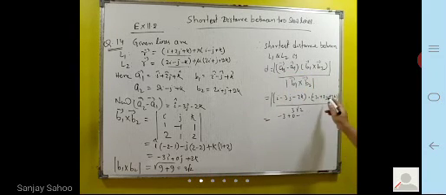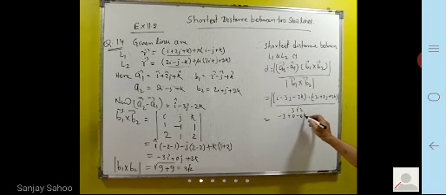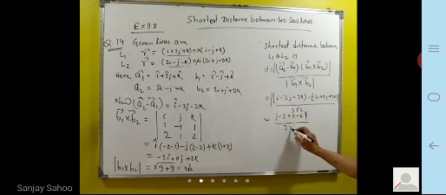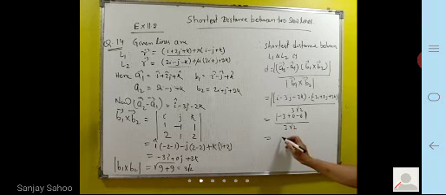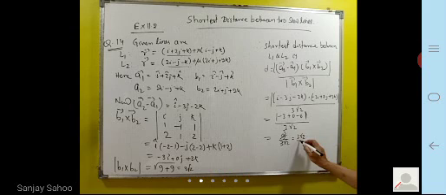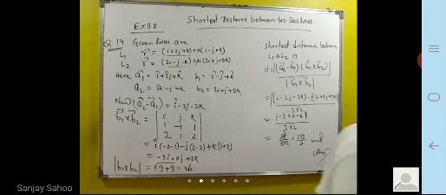This is minus 9, modulus of 9, upon 3 root 2. That is 9 upon 3 root 2, by 3 it is 3 upon root 2, that is 3 root 2 upon 2 units. So this is the shortest distance between these two lines.